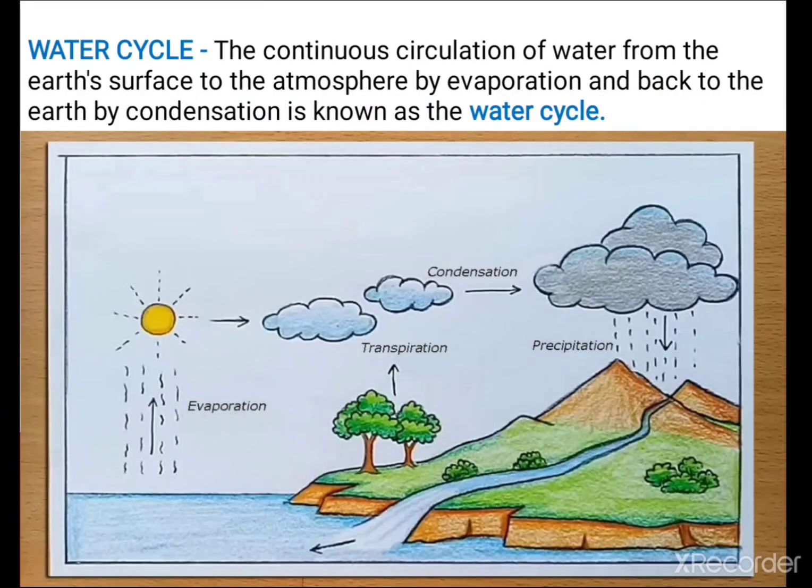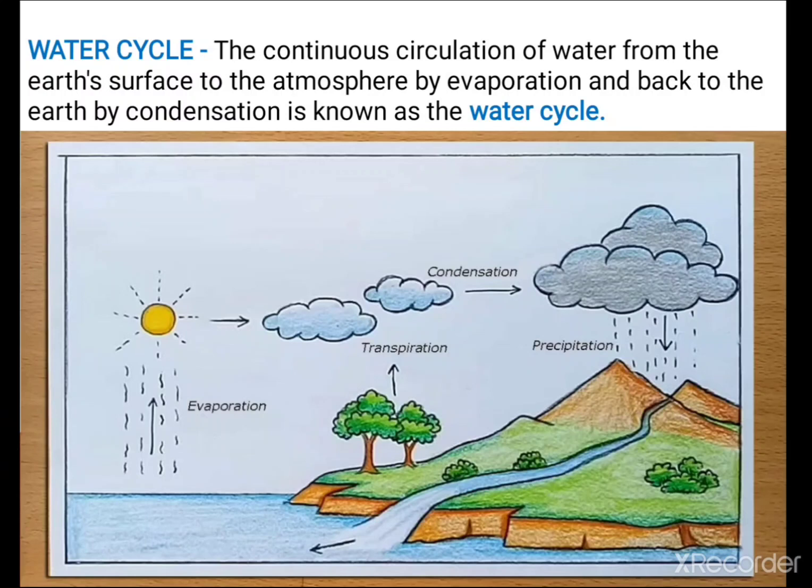Water cycle. The continuous circulation of water from the earth's surface to the atmosphere by evaporation and back to the earth by condensation is known as the water cycle.